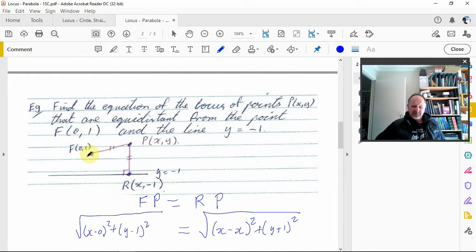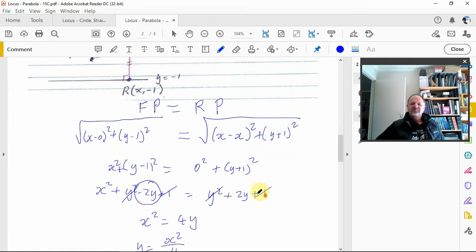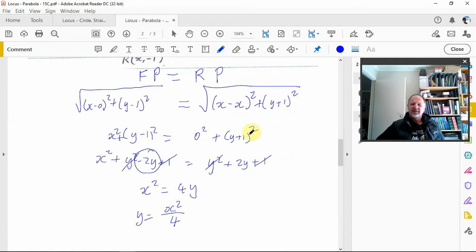So what we do is we use the distance formula, use our points, and go through that process similar to what we did before, and this is what we end up with, which is a parabola.